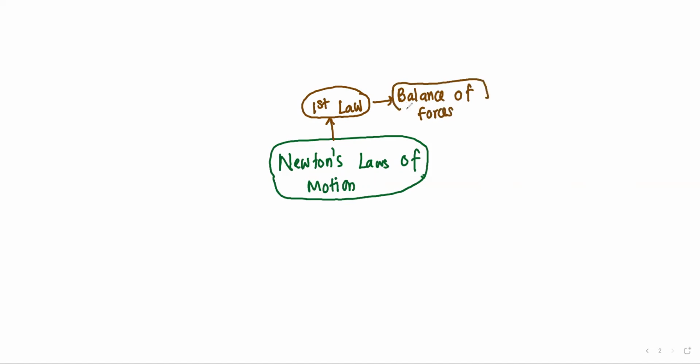Here we discuss what happens if a system has multiple forces and they are balanced. When forces are balanced, there are only two things that can happen. Either the object is at rest, which means it's not moving, or the object maintains a uniform velocity.